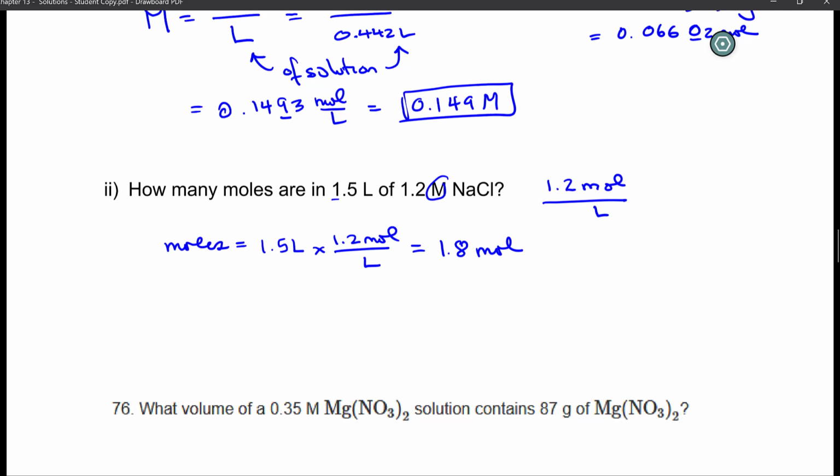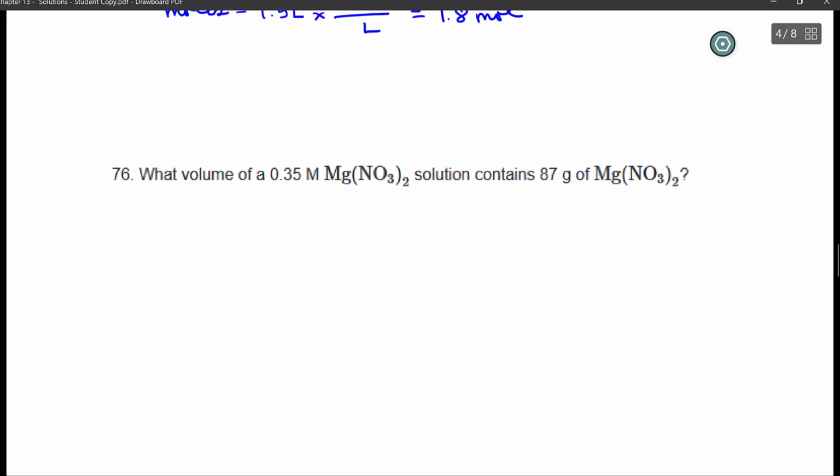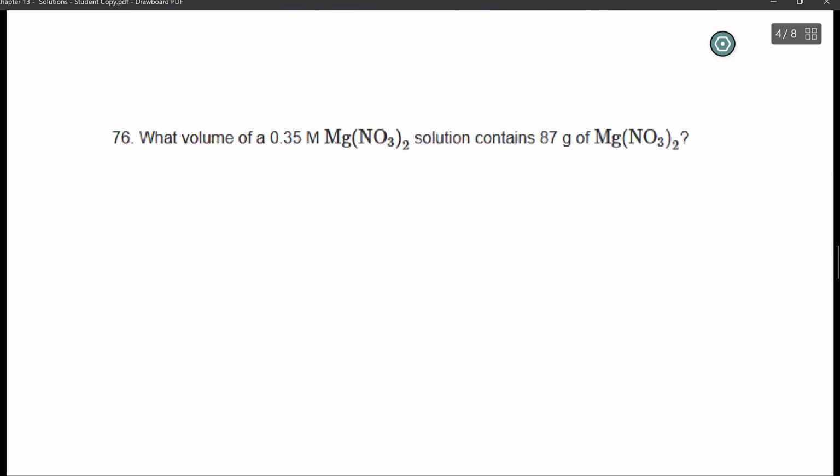So let's look at one more problem, and this is actually problem 76 from your book. It says, what volume of 0.35 molar solution, so I'm going to write that as moles per liter, contained 87 grams of magnesium nitrate?